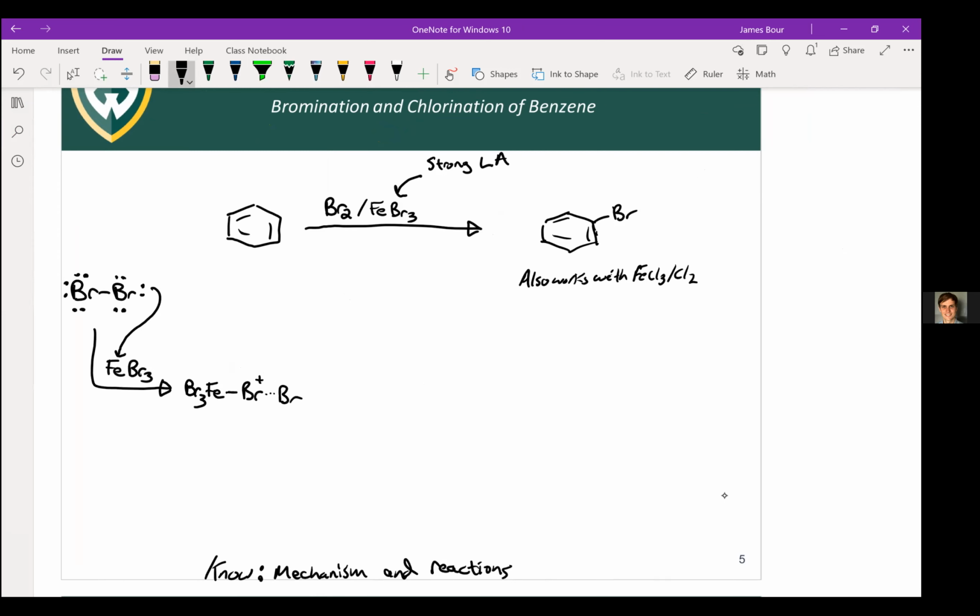When you withdraw electrons from something, you make it more electrophilic. If you take them away, it wants more electrons from something else. And that is what the iron is doing in this case. It is interacting with the bromine in such a way as to pull electrons away from it. And when it pulls electrons away from it, it makes it much more likely that our benzene will act as a nucleophile with it. Our benzene is not a strong nucleophile.